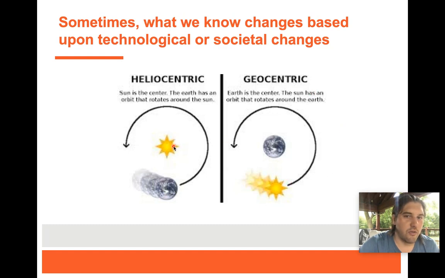That's called a geocentric viewpoint. We now know that's not true. We have new data. I mean, this goes back thousands of years, that the universe is heliocentric, meaning the sun is at the center. It's the massive star in our solar system, and it's pulling everything else into rotation around it.